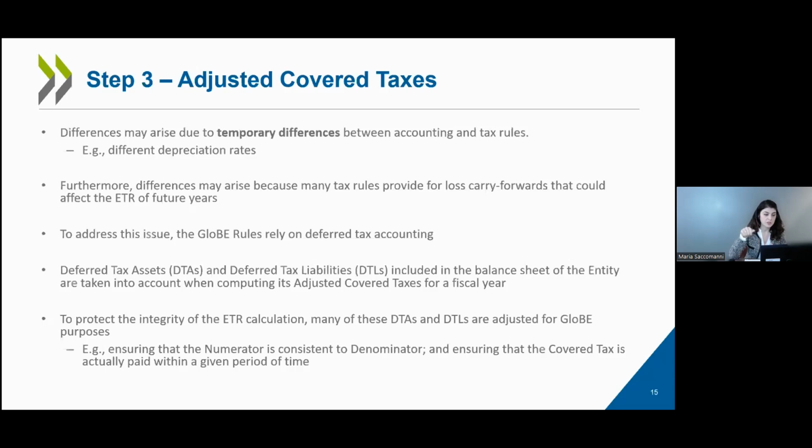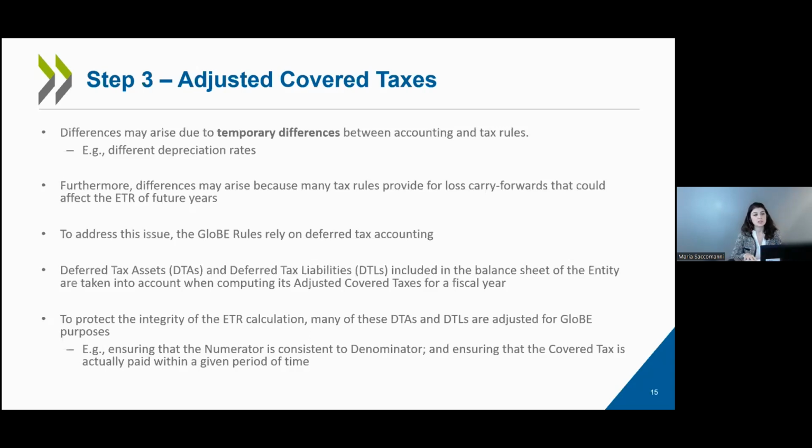If this deferred tax liability would happen not to be reversed within this time frame, a sort of recapture rule applies that requests that the year in which that deferred tax liability was accrued would need to be recalculated, reopened. This is the general principle. Then we have some exceptions to the recapture rule.